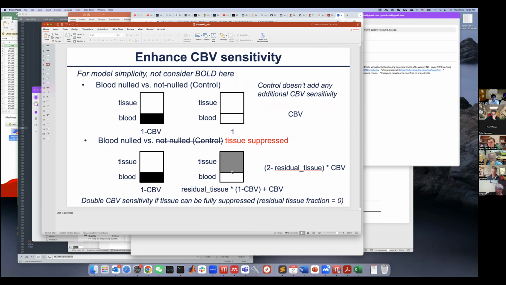It is some percent increase. In the model, we simplify and just take the difference, because if you do the division, it's difficult to understand. But basically, the contrast between those two, in a model, will be double if the tissue can be fully suppressed.